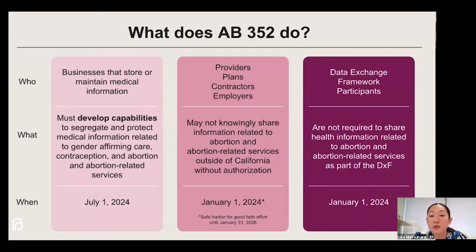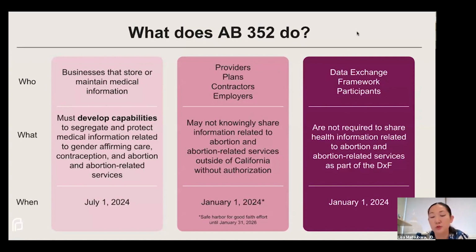It also includes gender affirming care and contraception. And that provision goes into effect July 1st, 2024. And then finally, we did want to address the data exchange framework and make sure that abortion-related data was not part of the data exchange framework while we figured out ways to build that capability to protect that information.